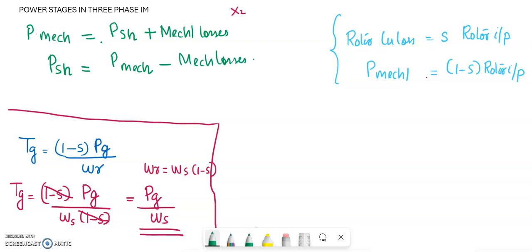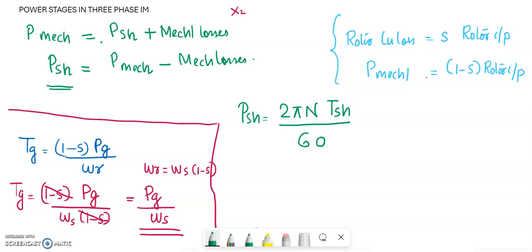The output torque or shaft torque can be found out using the equation P shaft equal to 2 pi N T by 60, where N is the speed of the rotor and T is the shaft torque.